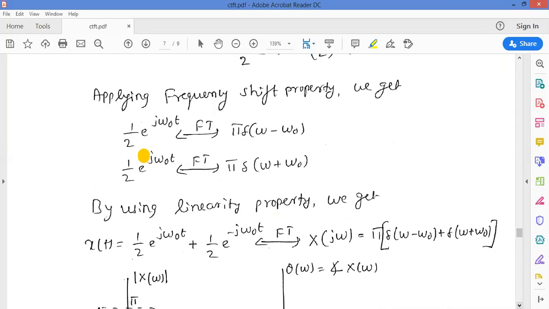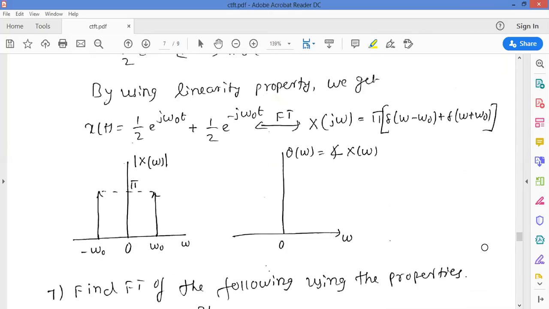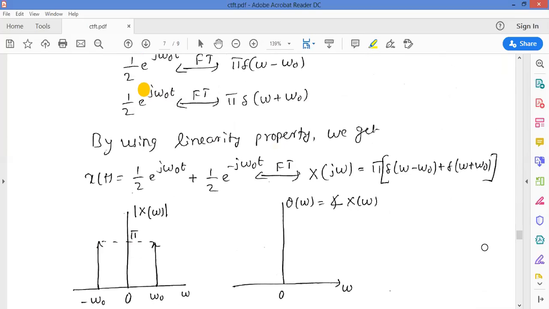Once you do this, I will use the linearity property. That is, x(t) is nothing but half of e^{jω₀t} plus e^{-jω₀t}.